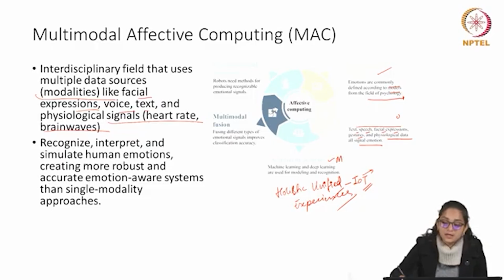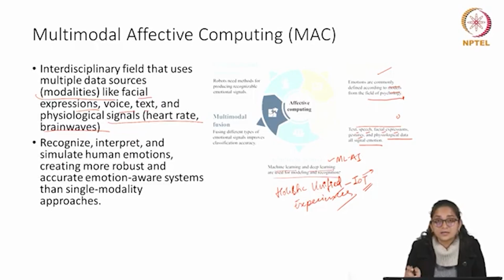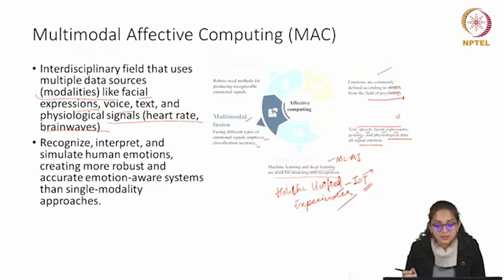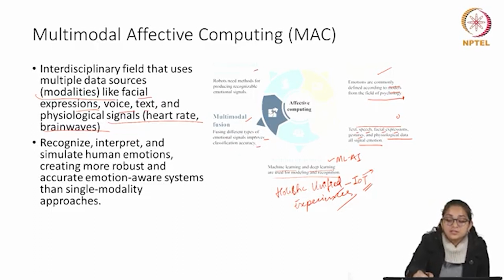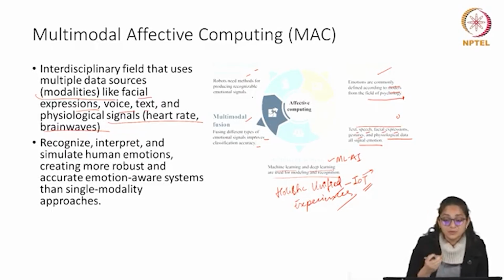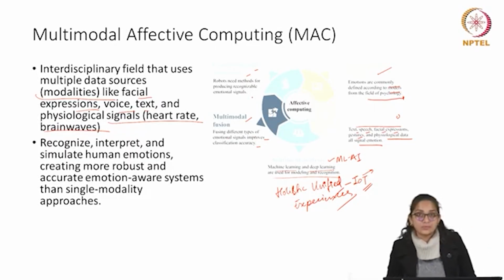This is where ML and AI models come in, where machine learning and deep learning models are used for modeling and recognition. Then there is multimodal fusion, fusing different types of emotional signals, improving classification accuracy. Then generation and expression, so robots, etc., need methods for producing recognizable emotional signals as well.